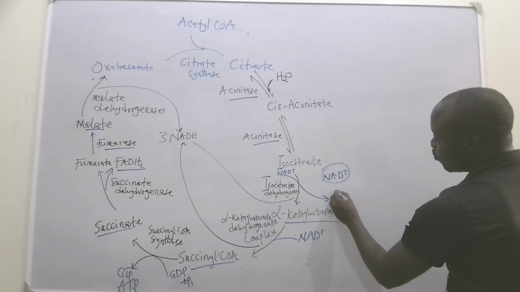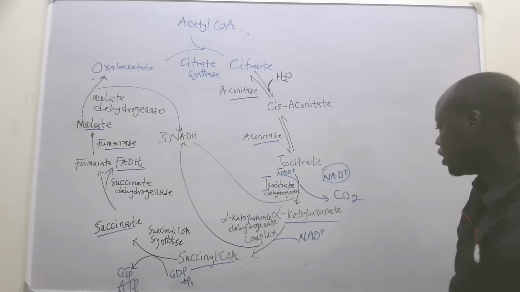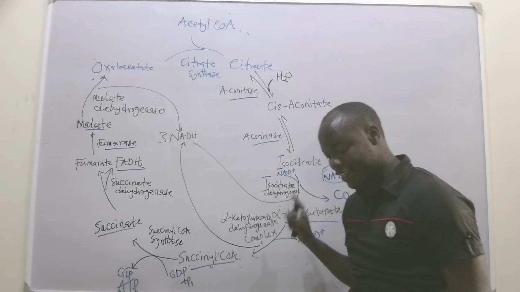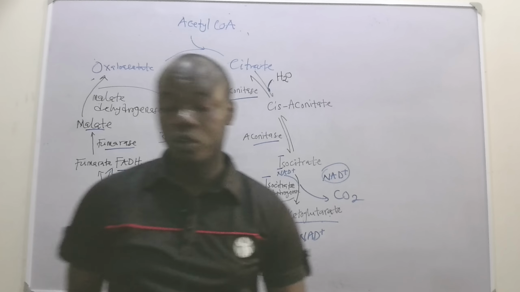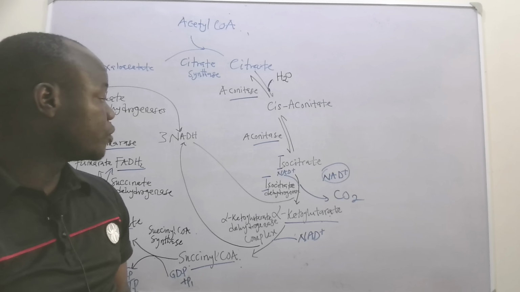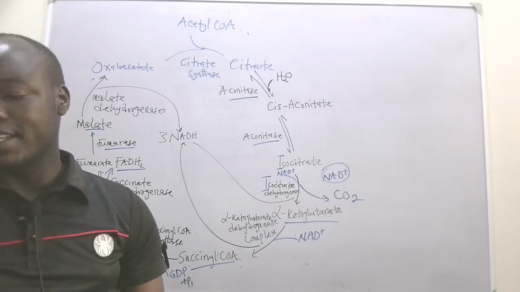At this stage, 1 molecule of CO2 is generated. So this is a decarboxylation step where 1 molecule of CO2 is generated.